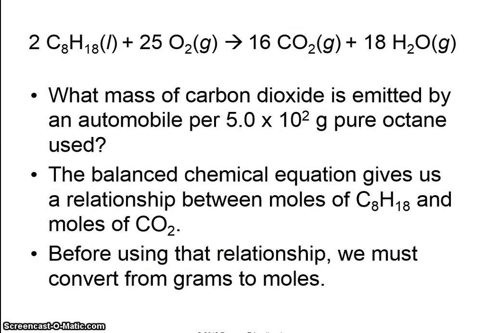So, what mass of carbon dioxide is emitted by an automobile per 5 times 10 to the second power grams of pure octane used? The balanced chemical equation gives us a relationship between moles of octane and moles of carbon dioxide. Before using that relationship, we must convert from grams to moles.